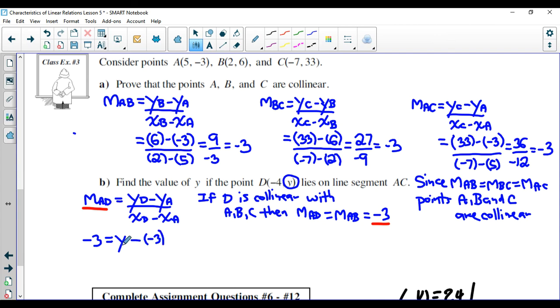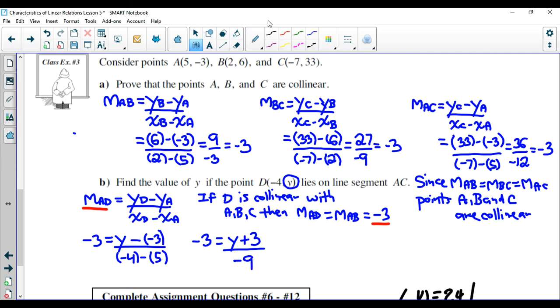And then divide by the x coordinate of point D, which is negative 4, minus the x coordinate of point A, which is 5. Let's clean this up a little bit. We'd have negative 3 equal to y minus negative 3, which is adding a positive, so y plus 3, divided by negative 4 minus 5, which is negative 9.